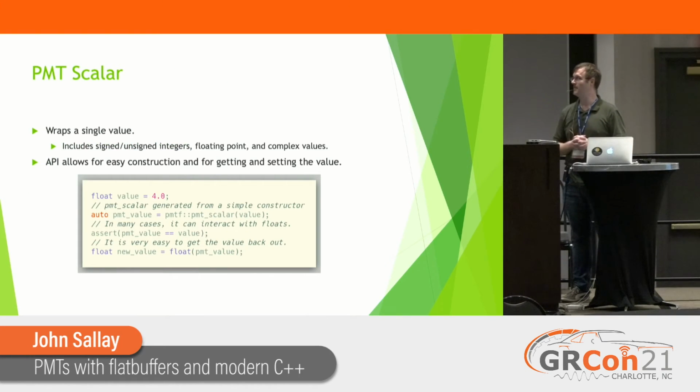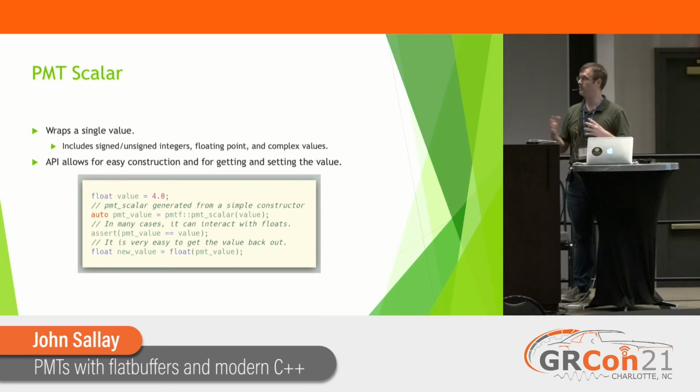So the first and simplest type is a PMT scalar. This is wrapping a single value in a flatbuffer. It's used for signed and unsigned integers, floating point, and complex numbers, and the API is designed to make it really simple and easy to use. You can construct it from whatever value you want.